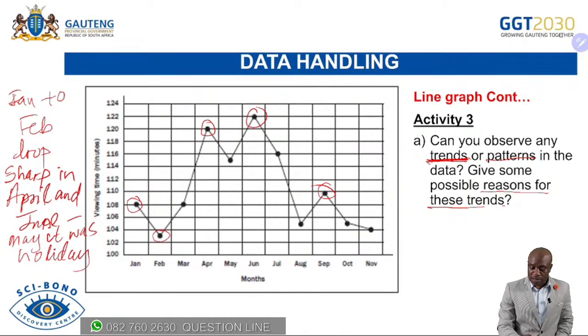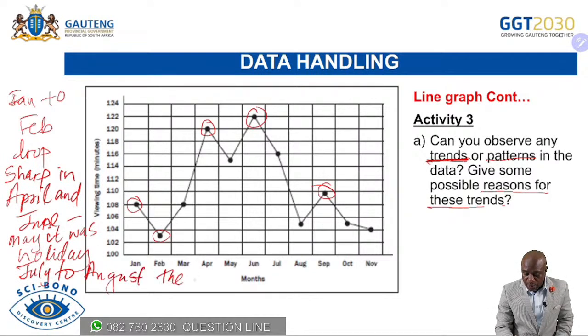And after September, it decreases. Let me talk about this part. It decreases from June and July, in fact July to August. So to August, the viewing time decreases.